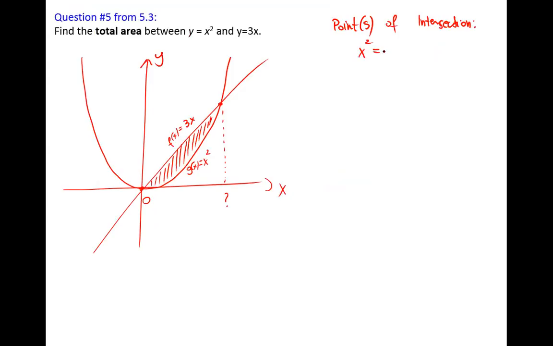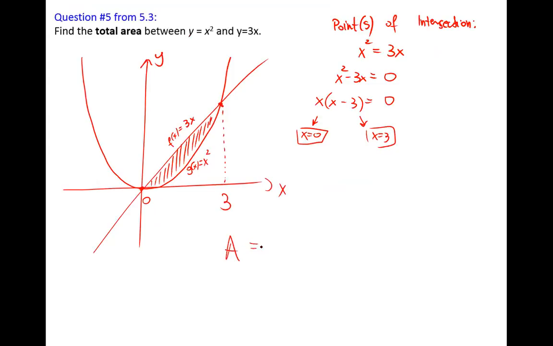Function x squared is the same as 3x. Let's subtract 3x from both sides. Let's factor out x. And we can see that the zero product property gives me 0 or 3. That means 0, and this is 3. Makes sense.